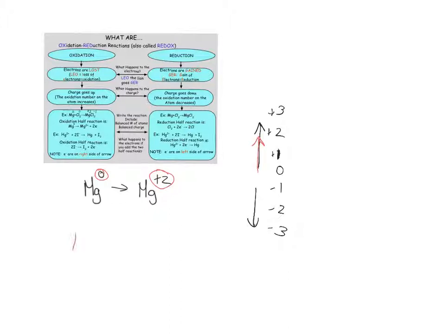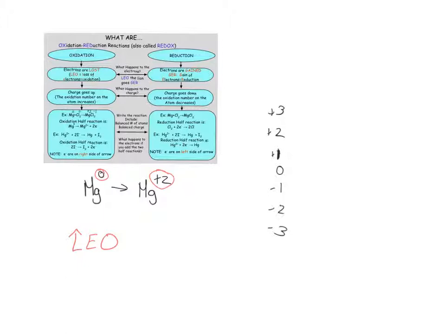Now, when I write LEO on the board at school, I'm going to write it with a little arrow pointing up. That means the oxidation number is going up. So with LEO, you always remember, if your oxidation number is going up, you have a loss of electrons and you're oxidized. Now we're going to figure out how many electrons are being lost.